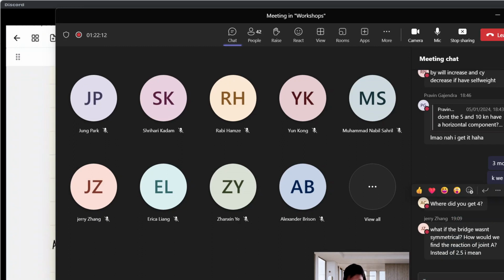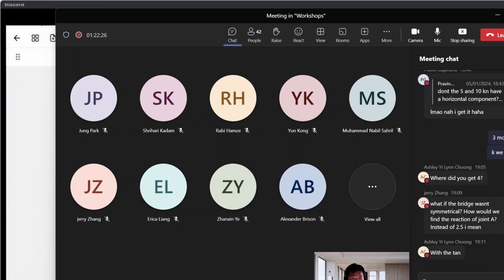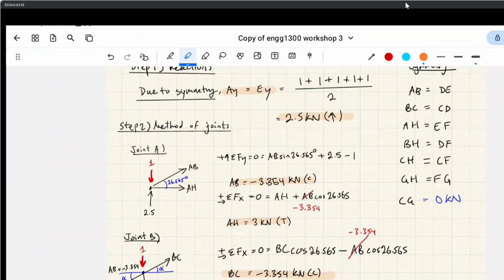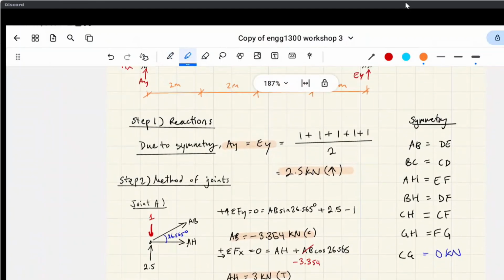Where did you get 4? I'm not sure what you mean, sorry. Ashley, sorry, that could have been with the 10. Oh, sorry, let me turn the light on. This is looking really weird.